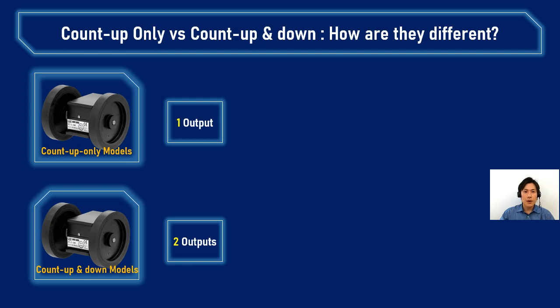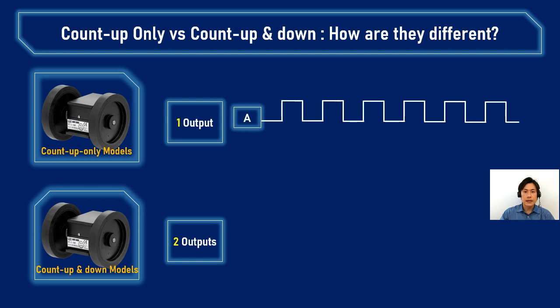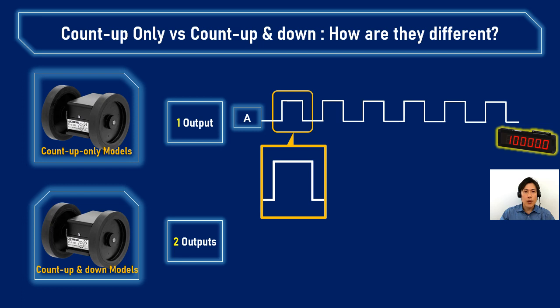Regarding count up only models, the form of the pulses is like this. It's square. They are input to an electronic counter. In this waveform, this part is the waveform of count up.